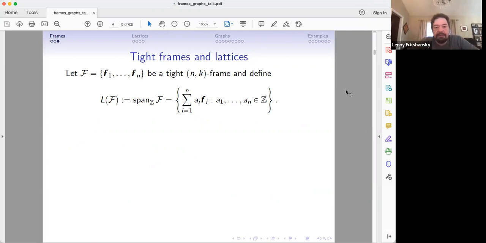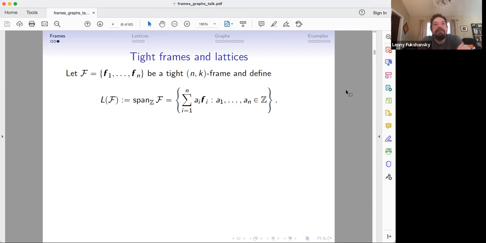Where I'm going with this is that I am mostly interested in lattices, so I want to start with frames and see if I can generate a lattice by them.